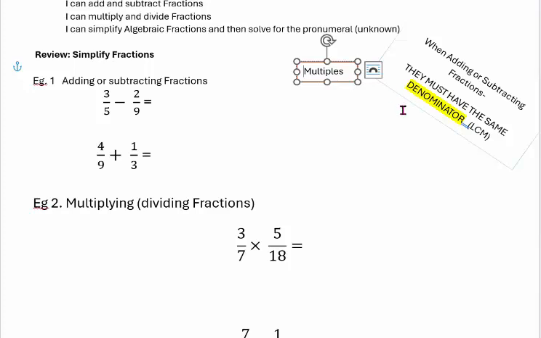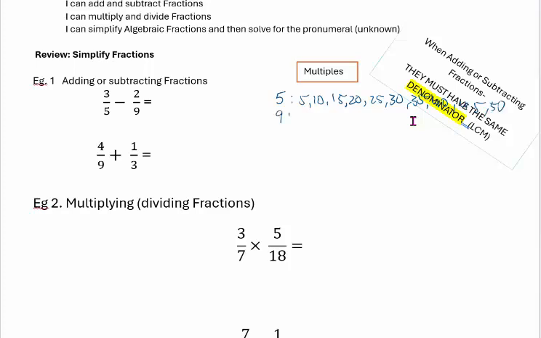What I'm going to do is find the multiples of 5, which is 5, 10, 15, 20, 25, 30, 35, 40, 45, 50.